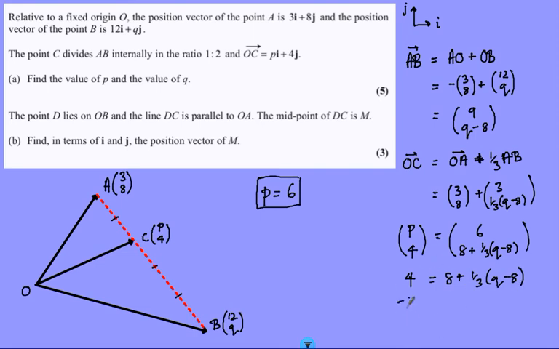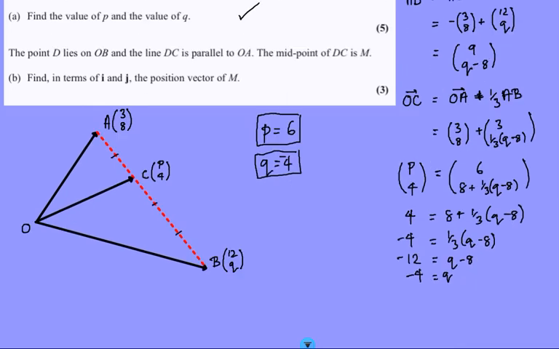I simply need to solve this now. q equals minus 4. So 6 and minus 4, and that's my first part complete.